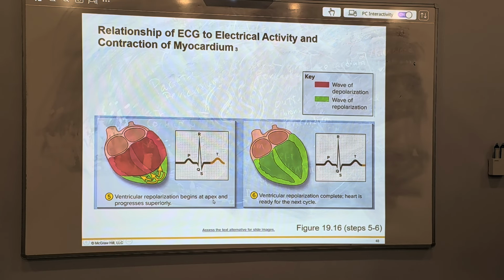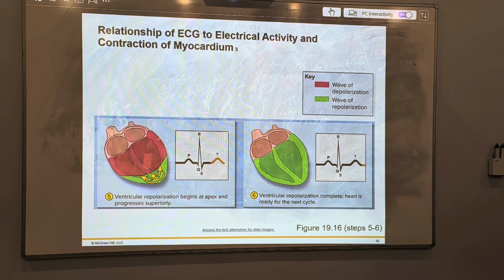The ventricular repolarization begins at the apex. So that means at the T wave, the contraction is finished, depolarization is finished. Now we need to relax, and we relax with the ventricular repolarization that is signaled by the T wave. Professor, so I just want to understand something.